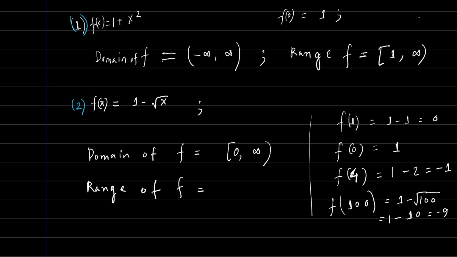We see that as x approaches infinity, the value of f of x approaches negative infinity. So the maximum value of f is positive 1, and the minimum value can be as negative as possible, which is negative infinity. So the range of f is negative infinity to 1.